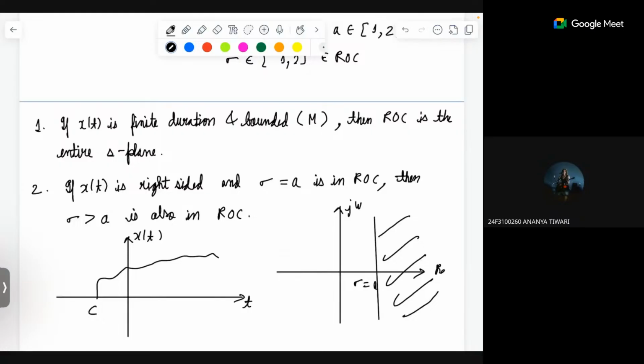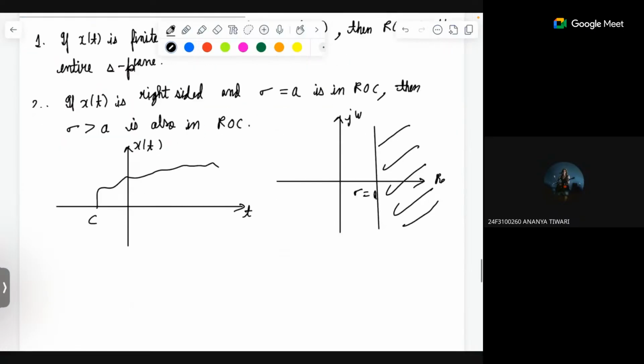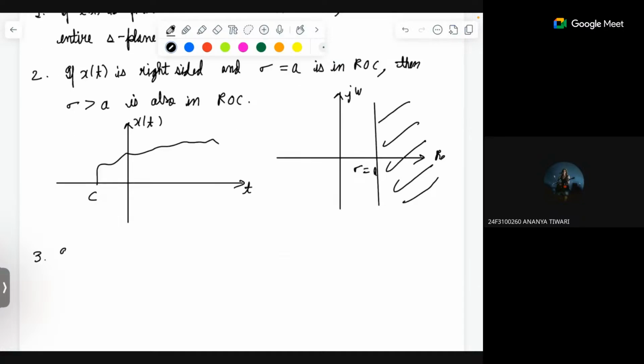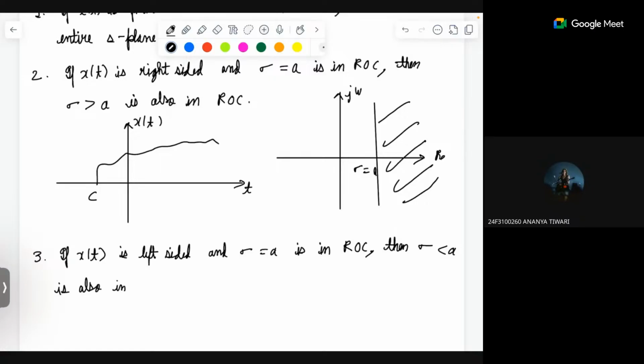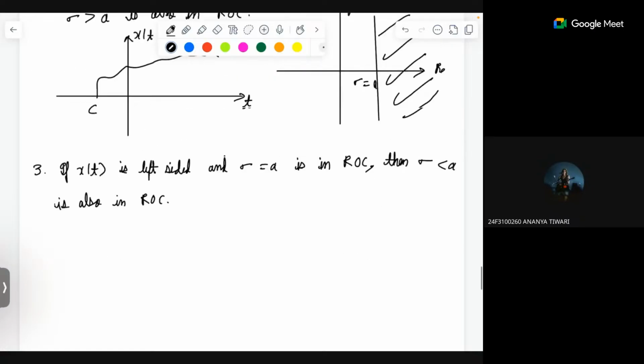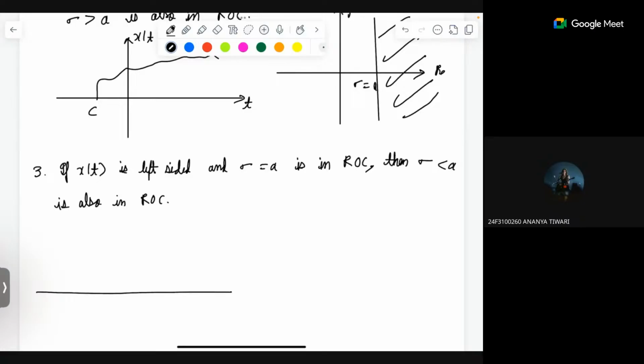Now the next one is when x(t) is left sided. If x(t) is left sided and sigma equal to a is in ROC, then sigma less than a is also in ROC. So I will show it to you again.